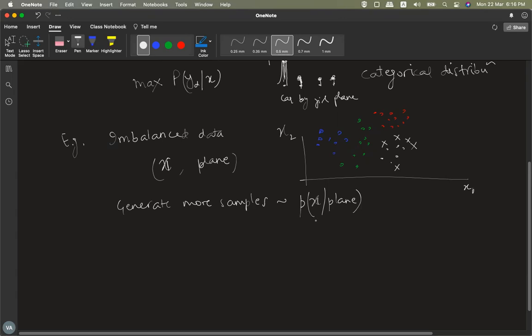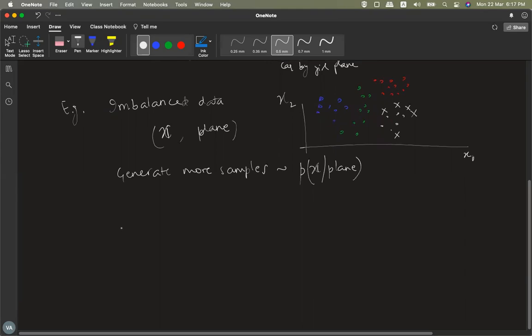And if this distribution is a perfect distribution, meaning it has perfectly modeled all the planes, then I can get very valid samples of planes. So this is the utility of sampling more data. The basic problem is how to estimate a distribution from which we can sample very easily.